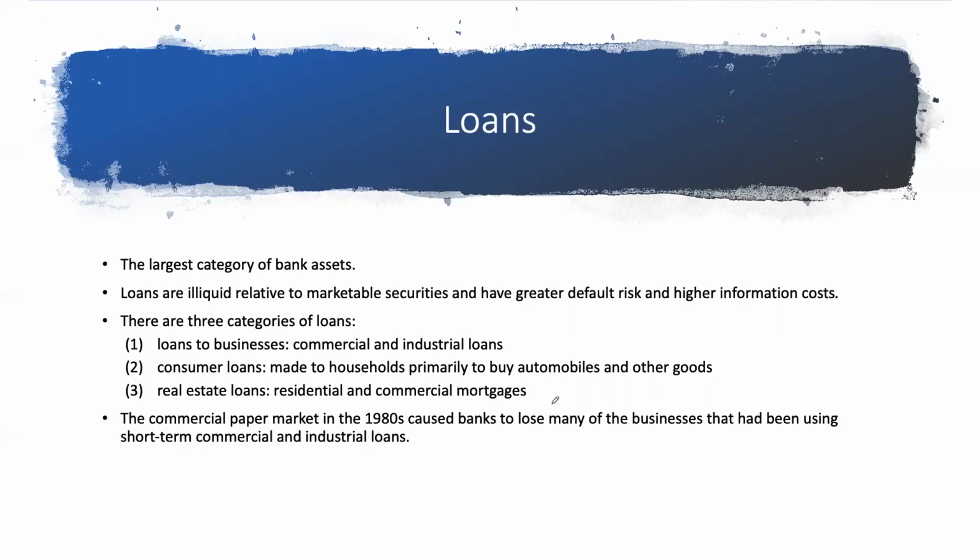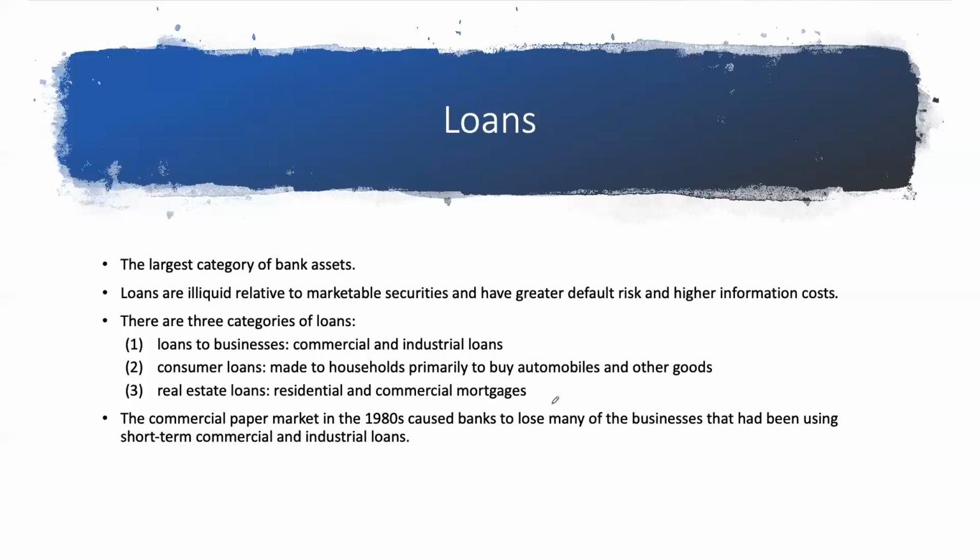It's not the most liquid security in the world. It's still liquid. You can take this loan and sell it on to other banks, but it's less liquid than a security which can be traded directly on the stock exchange or in some kind of alternative financial market.